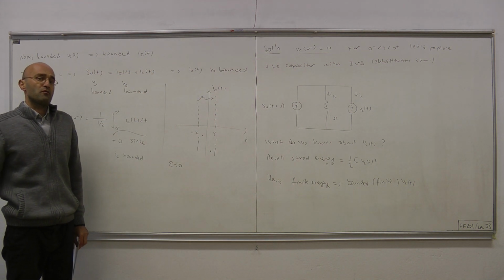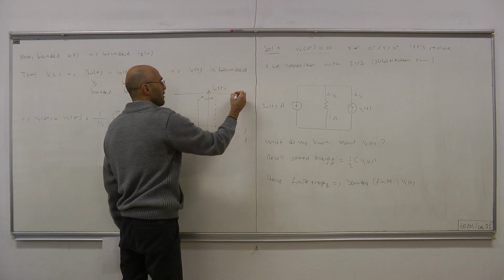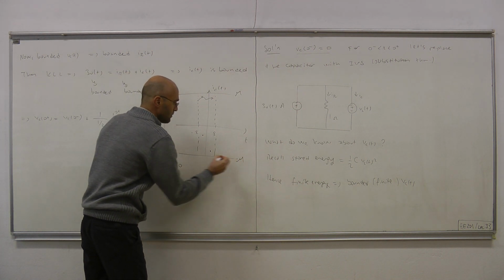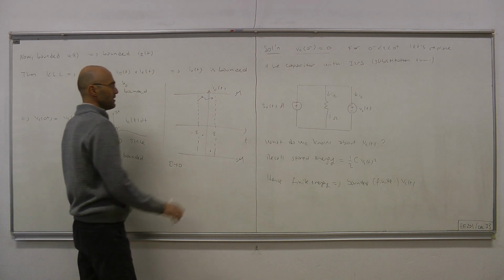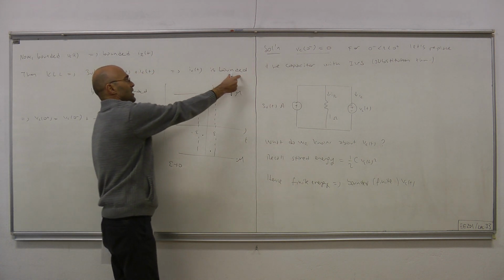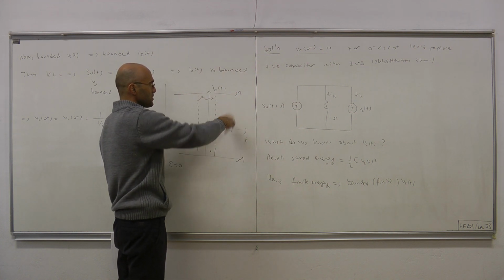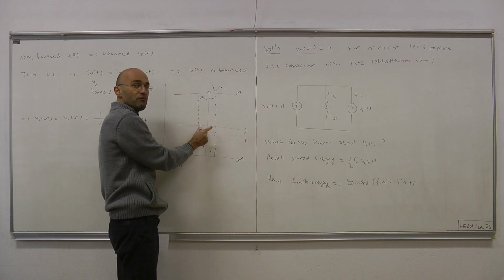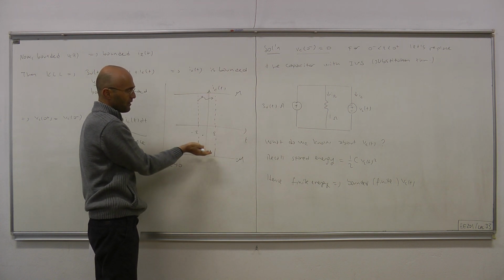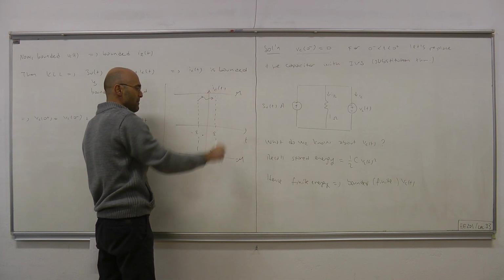It can do all sorts of crazy stuff, but it's bounded, so that means it never gets above some line, let's call it M, and below some other line, let's call it minus M. That's the definition of bounded: we can find a number, it could be very large, but a fixed number nevertheless, so that for all times of interest, the waveform remains within this band. So this is fixed, and IC(t) is always between M and minus M.